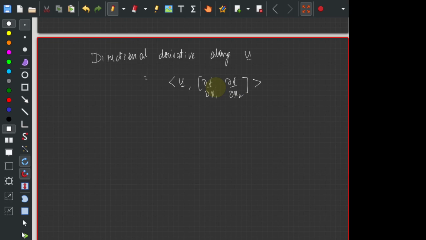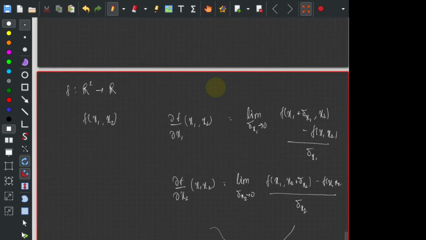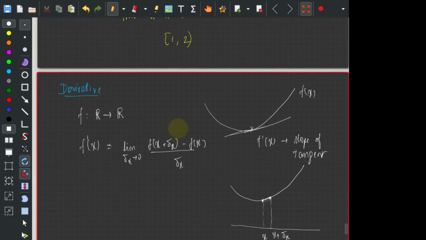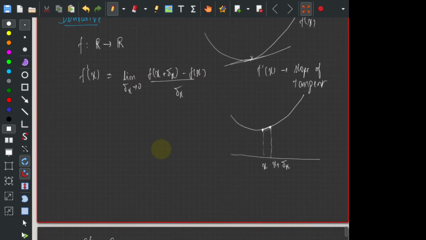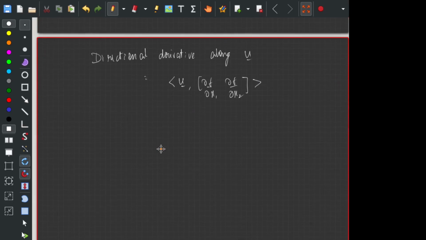So if I had to get the directional derivative, again, we've seen for a given plane curve, this is the derivative. You all agree that this is the slope of a line passing through this particular point. So similarly, if I give you a particular direction, what would the derivative be equal to?